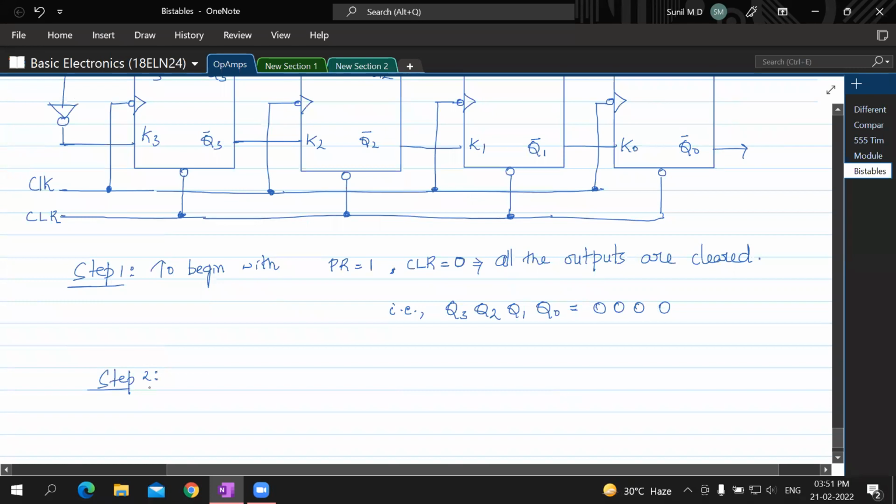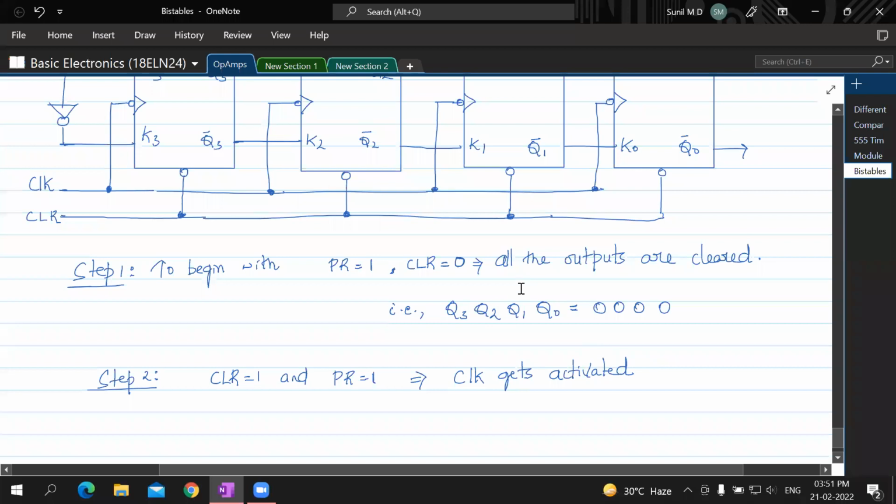In step 2, we make CLR equal to 1 and PR equal to 1. This implies that the clock gets activated.